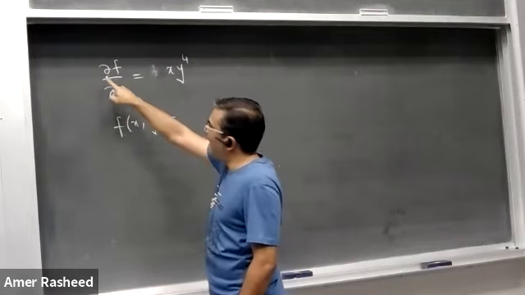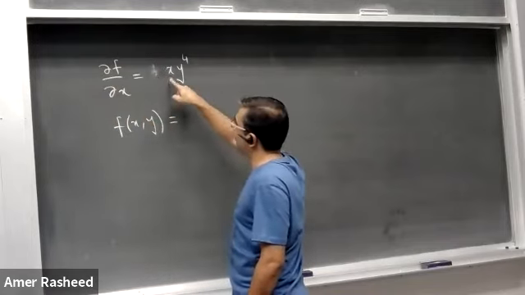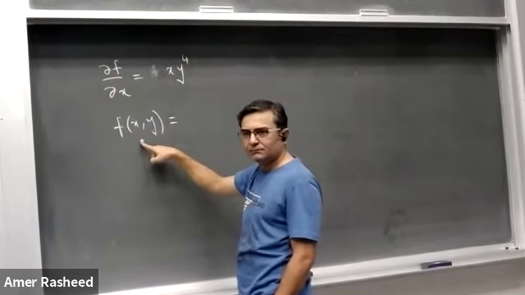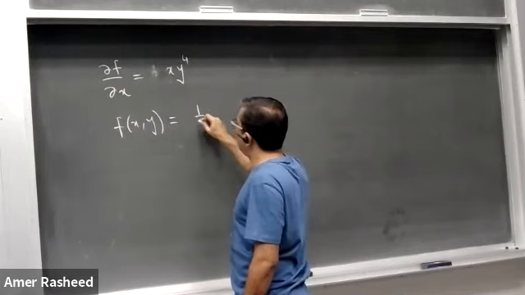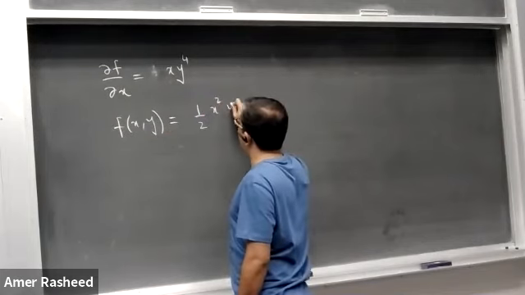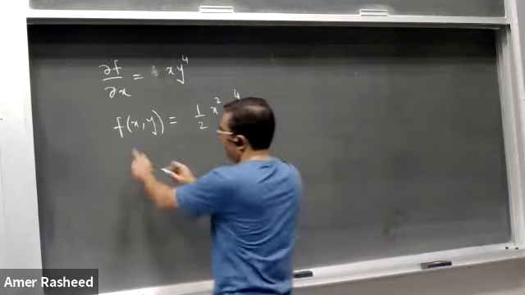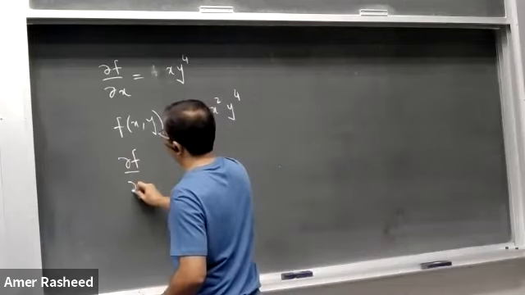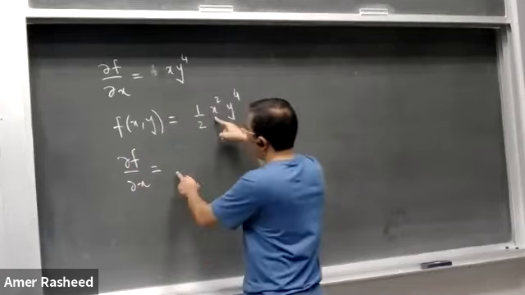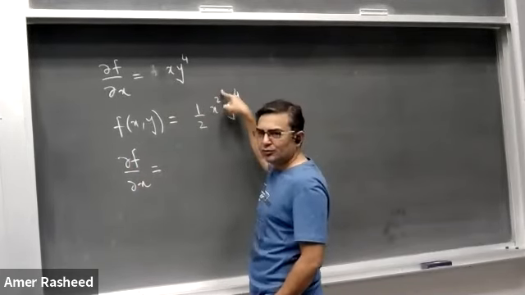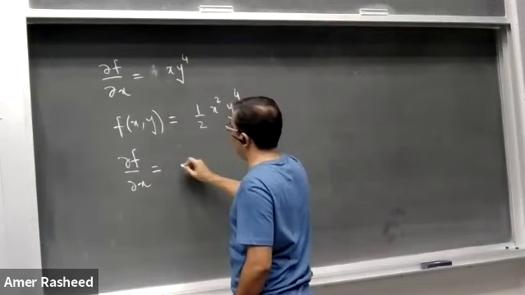In order to get partial f over partial x, what should be f of x y? It should be 1 by 4 x^4 y^4. Now, if you take partial derivative of this thing, partial f over partial x, what do you obtain? You bring 4 down and then 4 minus 1, so it becomes x^3.